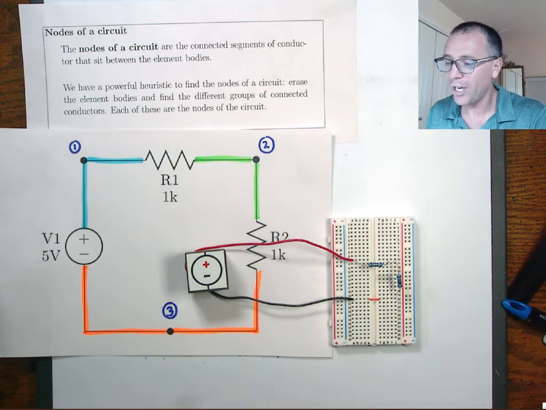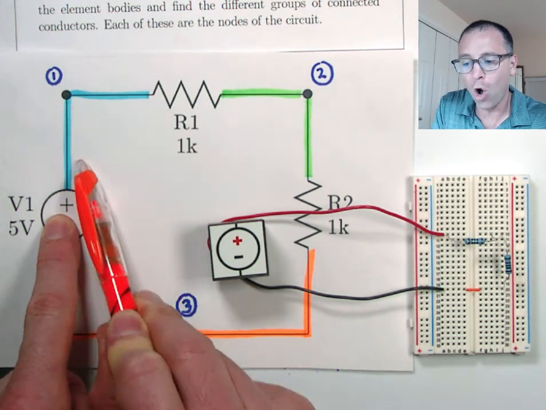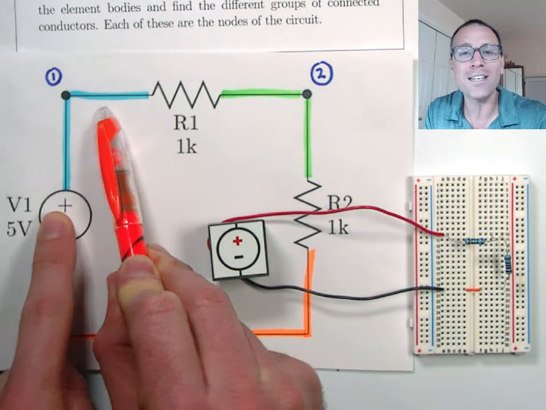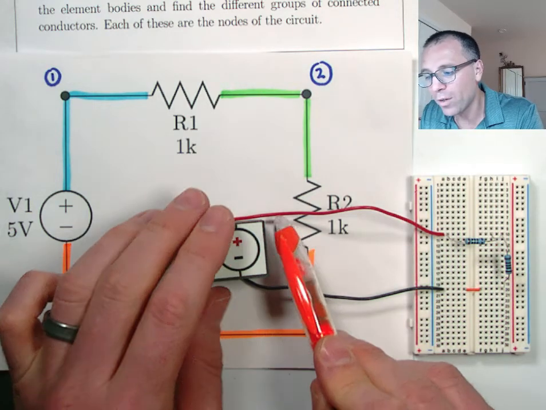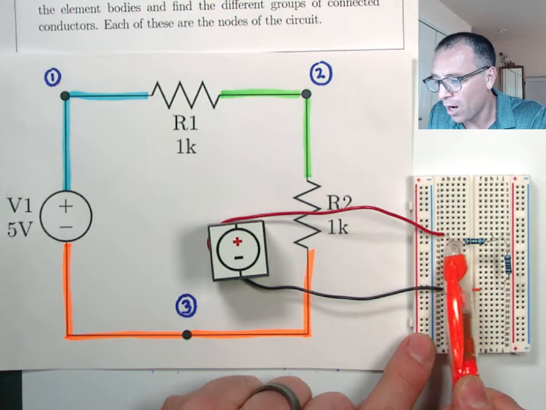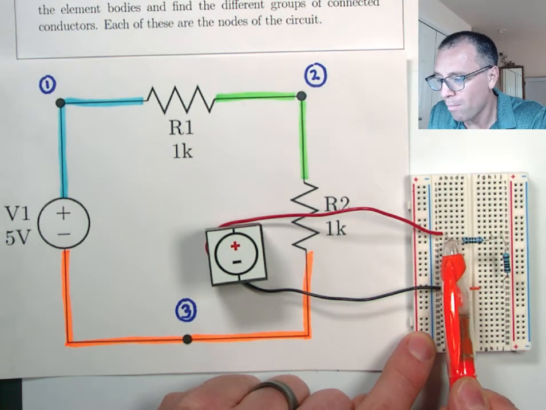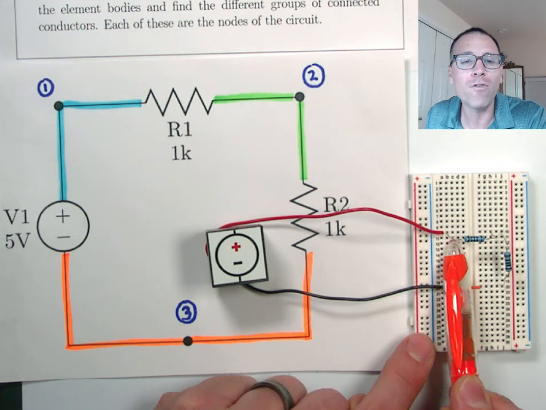In this situation, check this out. This set of wires right here is all one node. It's all one connected segment of conductor, and that happens right here. The entire red wire in that contact strip, and this piece of metal on the left-hand side of my resistor, all of those are a single node.